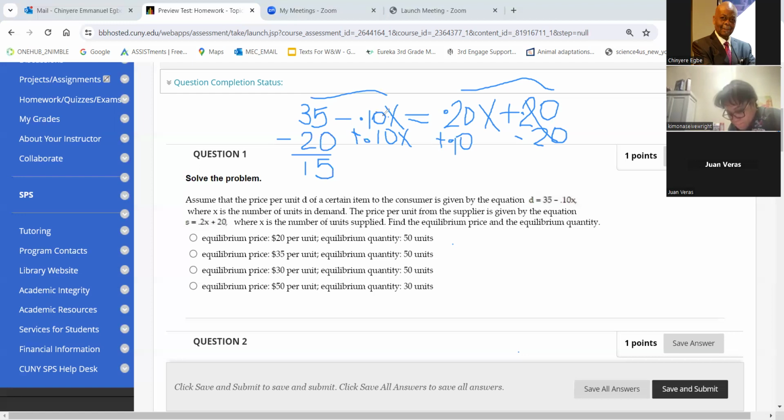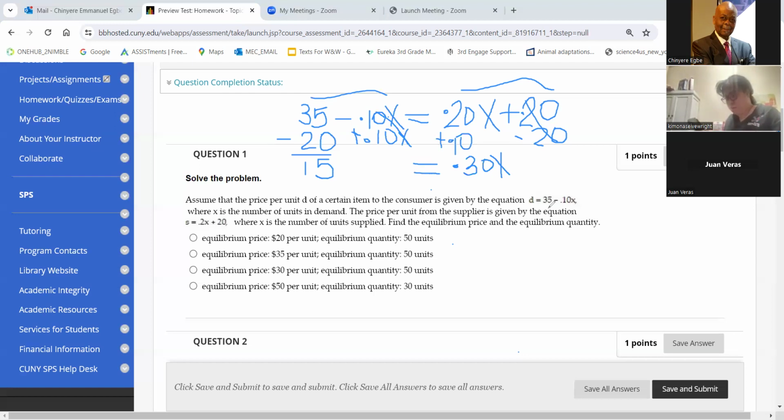So 0.10x minus 0.10x will give you what? 0. And so 15 becomes equal to 0.30x. You see that? So now you have x on one side and a regular number on the other side. Get the idea?